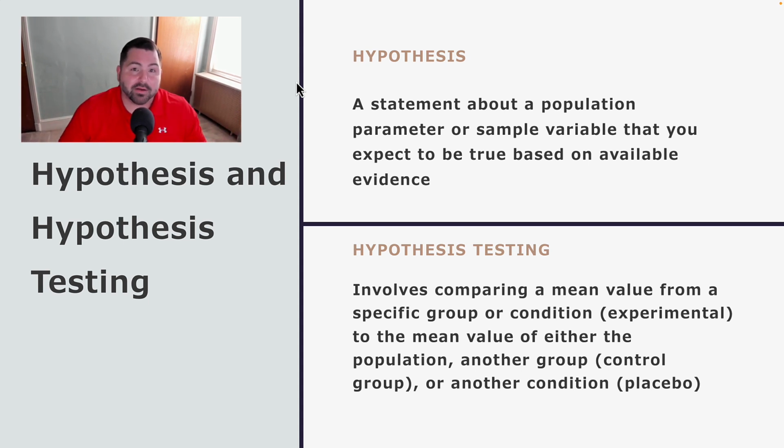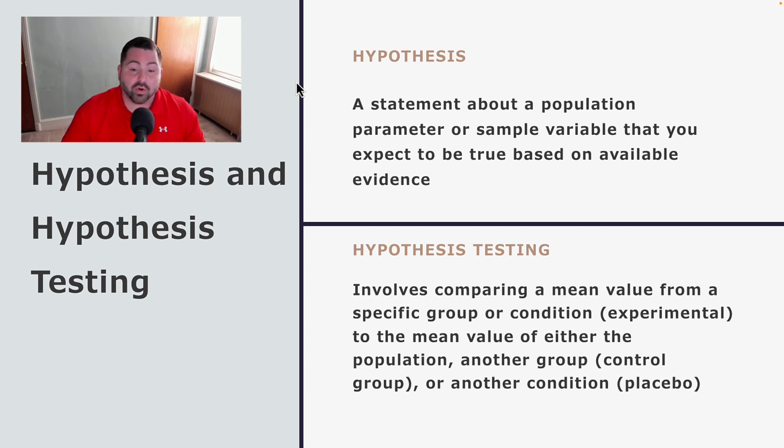So when we talk about the process of what's known as hypothesis testing, what we're really referring to is we're comparing a mean value or the average value that we talked about in the central tendency series from a specific group or from people that are experiencing a particular condition, right?